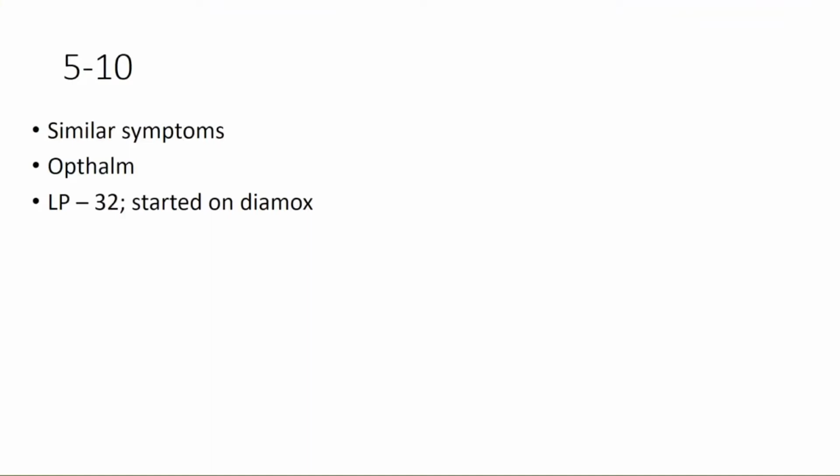This time the ER calls in the ophthalmology service. They do a dilated eye exam and document papilledema. For some reason, as the ER does sometimes, unfortunately, they also called the hematology service, who actually went on to do an LP, which showed that the opening pressure was 32, and the hematology service, in discussions with the ER service, actually started Diamox on the child.